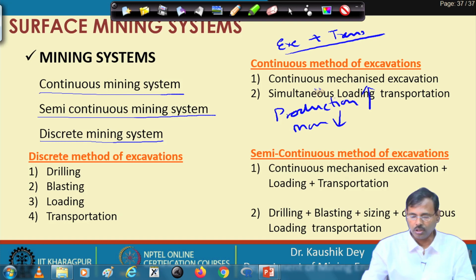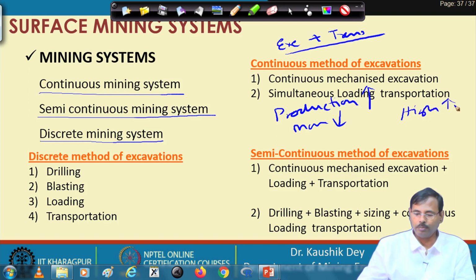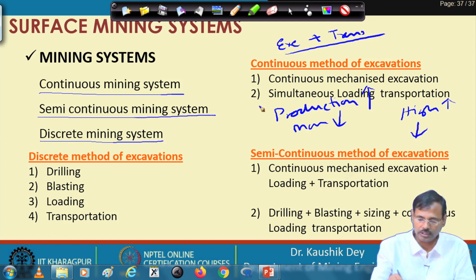So, this continuous mining system is always highly productive, with low manpower requirements, but it also demands a very high investment as the capital cost. So, initial capital requirement is high, but the operating cost is less. So, production rate is high, and that is why it is giving the maximum profit.